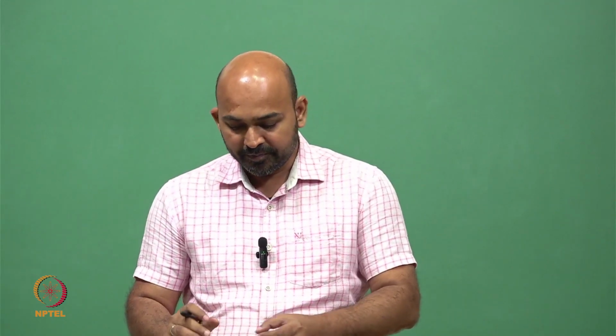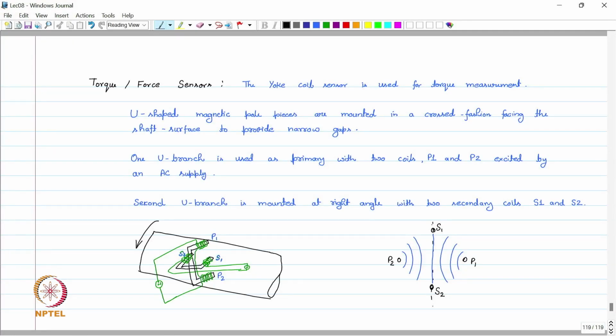If we draw the same diagram when we apply torque, the flux will look slightly different. It will not be uniform, and this non-uniformity will be picked up by S1 and S2. Accordingly, we can see how much the flux changes compared to the normal condition.